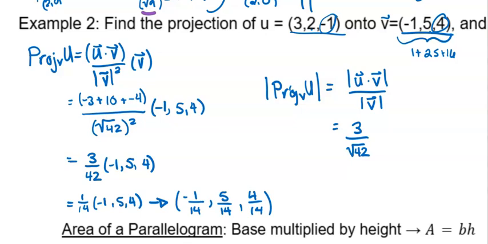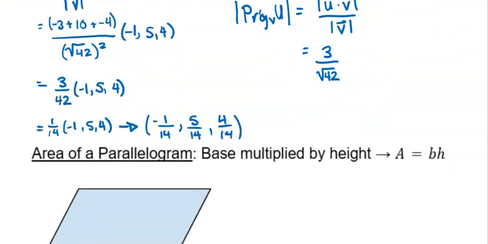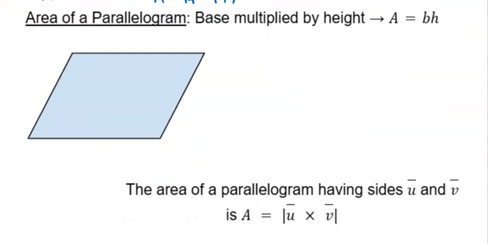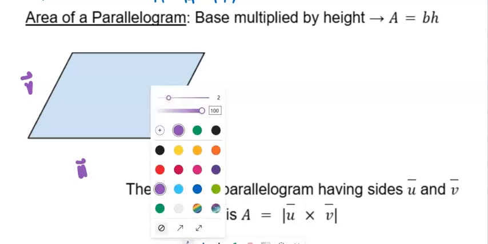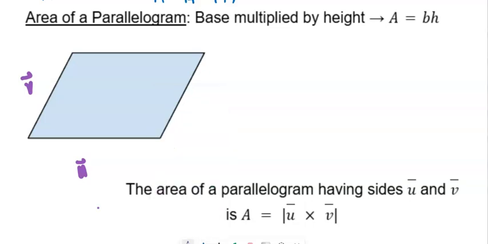Okay, so let's start looking at some applications of this. The area of a parallelogram is the base multiplied by the height. So I can call this vector v here, and this vector u. And if I drop a perpendicular here, that's how I would find height.